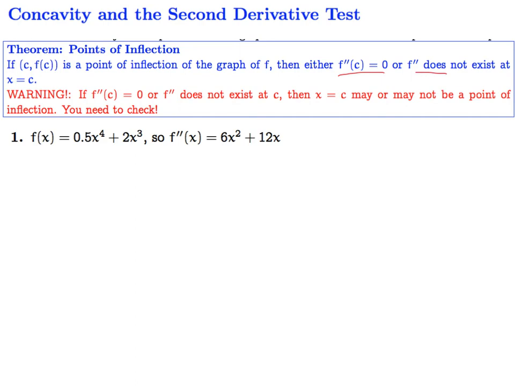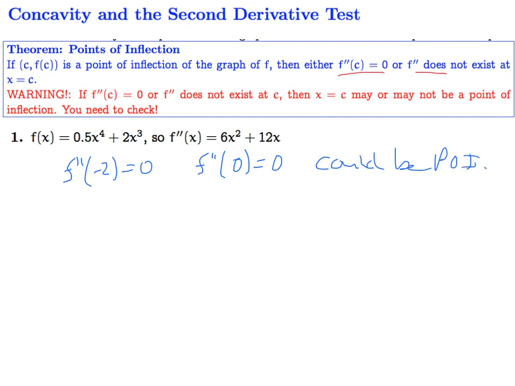So this is the example that we did earlier, and what we found in this case was that if we took the second derivative and put in -2 we got 0, and if we put in 0 we got 0. So these are both good places to look. They could be points of inflection. However, we need to check a few things. First of all, can we put this into the first derivative and get a tangent line?